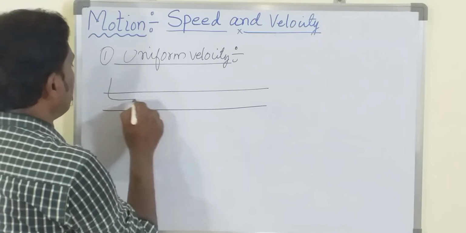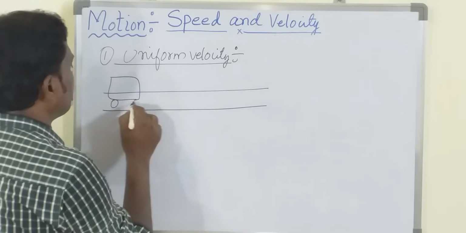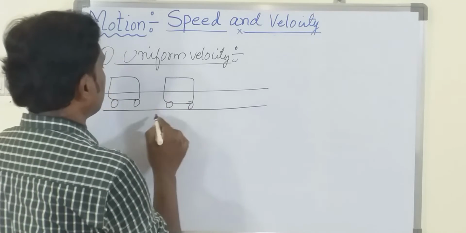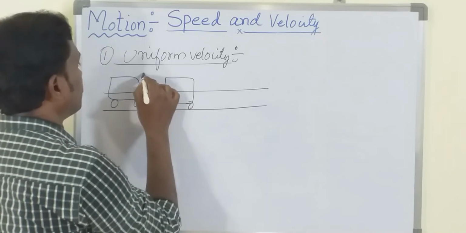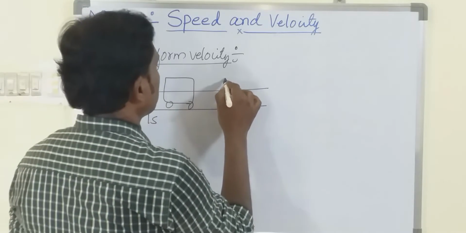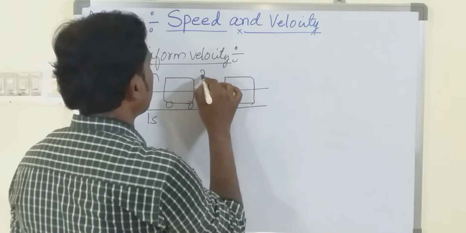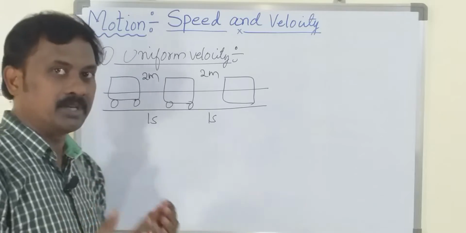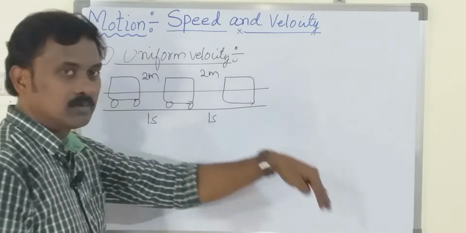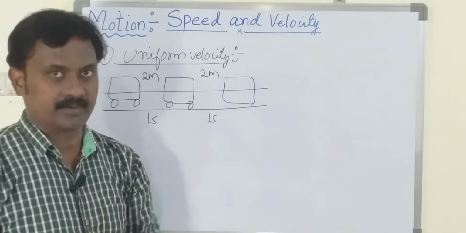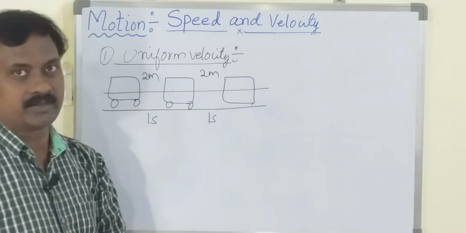So this is a bus, let me say, and for every second it is moving 2 meters. As we have seen previously in case of uniform speed, the road was not a straight line, it was a curved line. Now here it is a straight line, right?